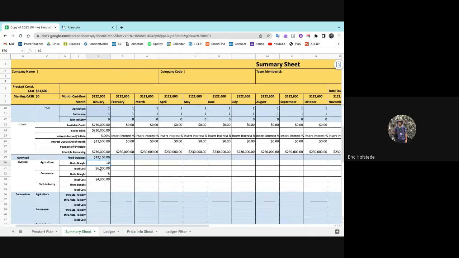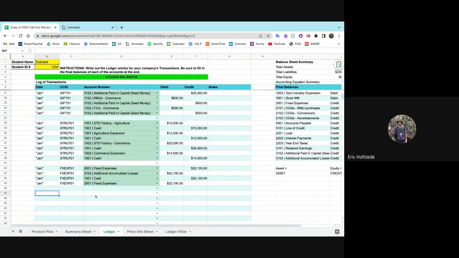So when I bought 10 agriculture RMUs, I need to go and, well, it's still January, so I'm going to start with the date. I am going to buy RMUs. Let's just call it agriculture RMUs.